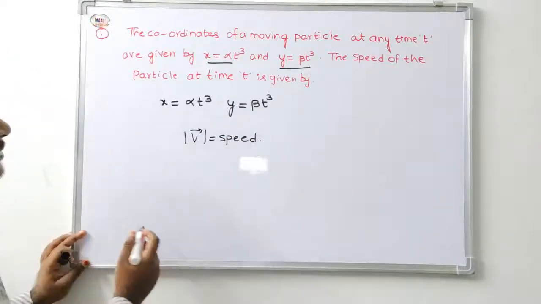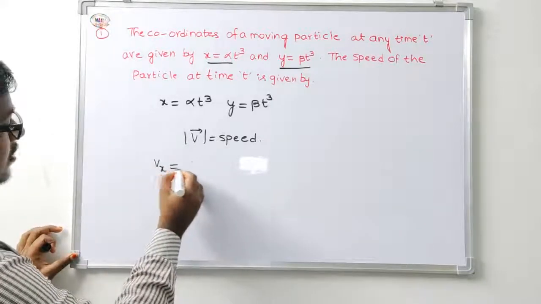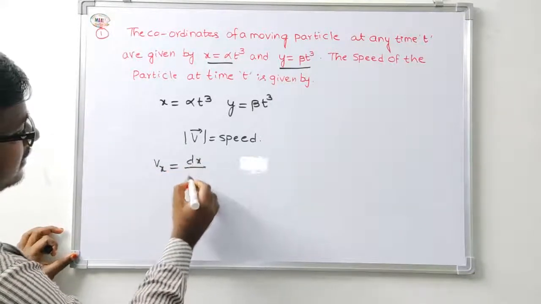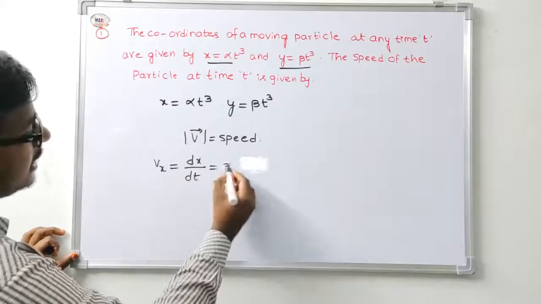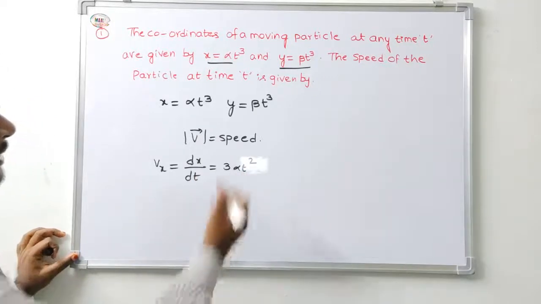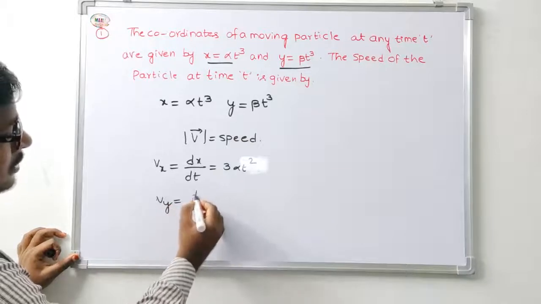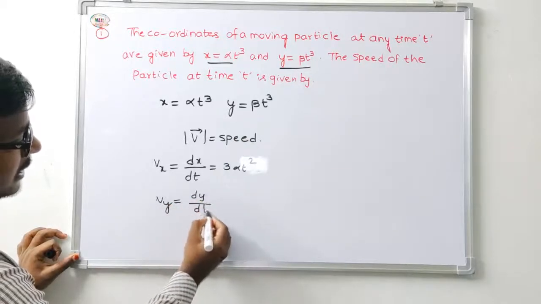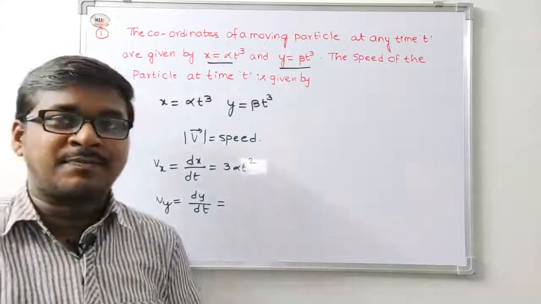Okay, in this one, the x coordinate: Vx is equal to dx by dt, that is equal to 3 alpha t square. Next, the y coordinate: Vy is equal to dy by dt, the differentiation of y with respect to time.